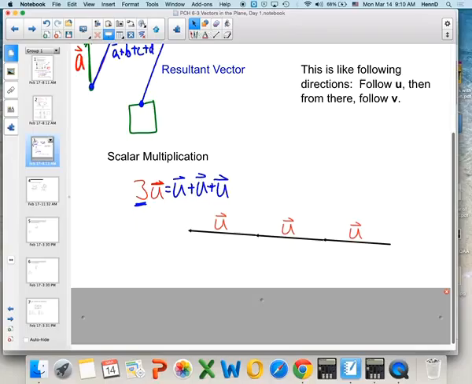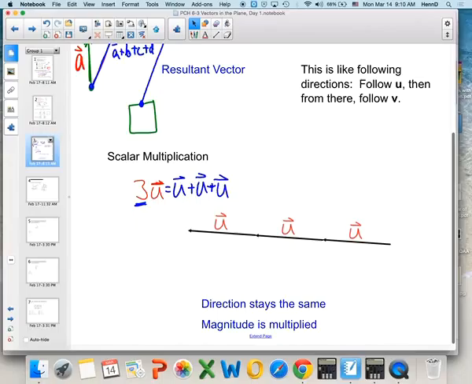It triples in length, and length represents what in a vector? Magnitude. So in this case, our magnitude is tripled. What happens to our direction? It stays the same. Our direction is going to stay the same, but our magnitude is going to be multiplied.